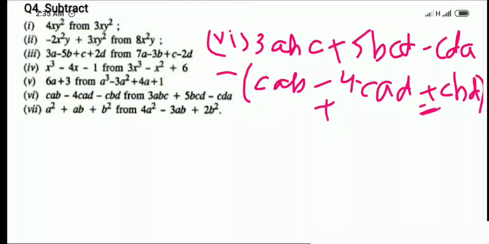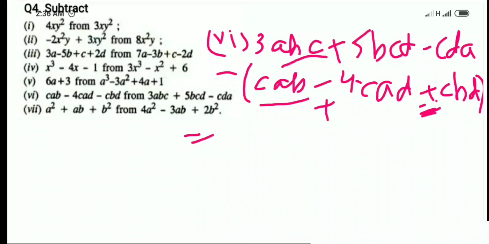If you write them in column, you can change the signs in this way also. Minus will become plus, and plus will become minus. Therefore, this will be equal to 3ABC. ABC is here, ABC.